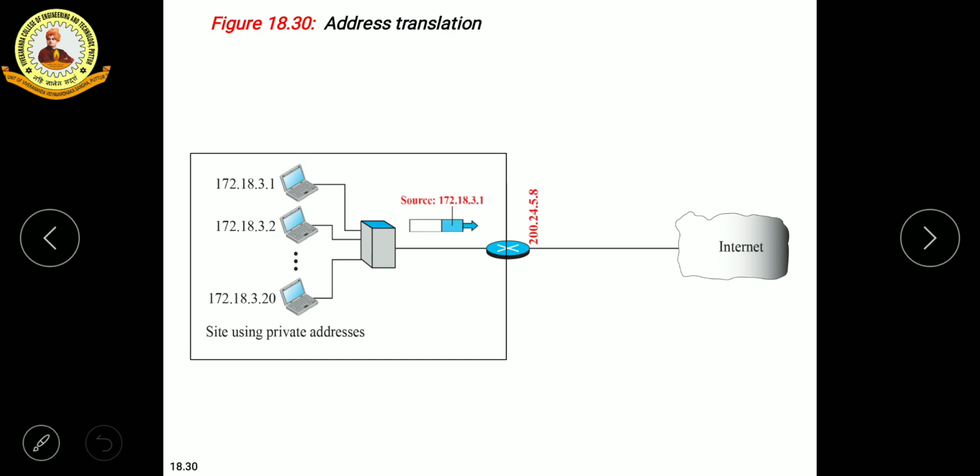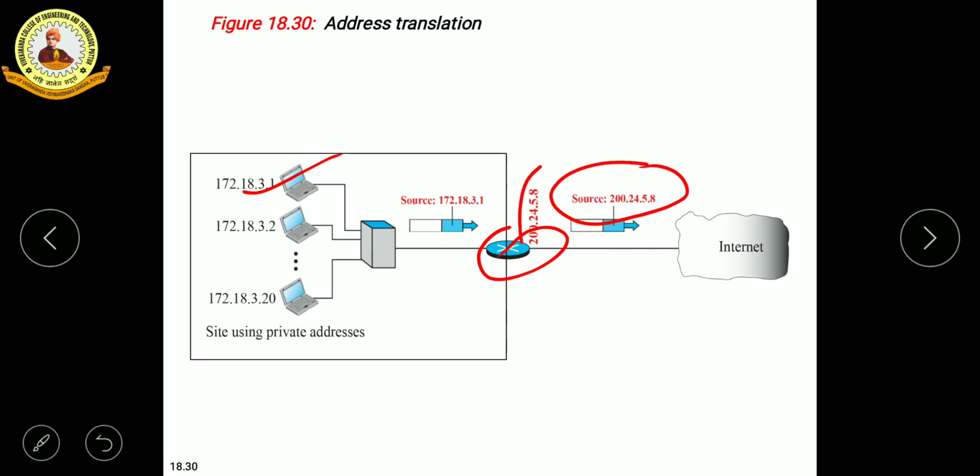This is what is shown here. Source 172.18.3.1 is sending a request. Whenever this packet goes through the NAT router, the source IP address changes to the NAT router's IP address. You can see it from the figure.